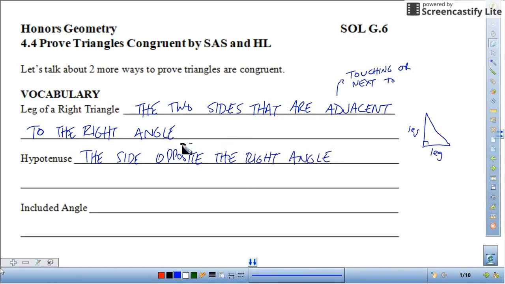And since it's opposite the right angle, of course, that means that it does not touch the right angle. So this over here is going to be our hypotenuse.